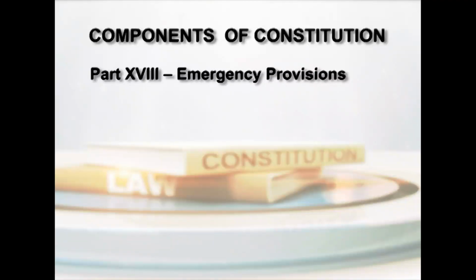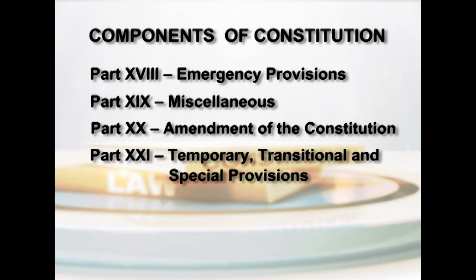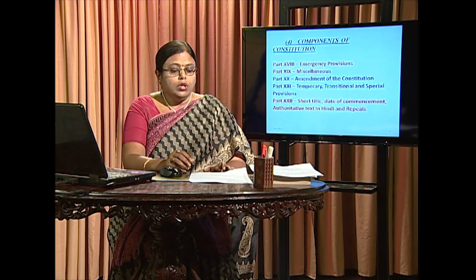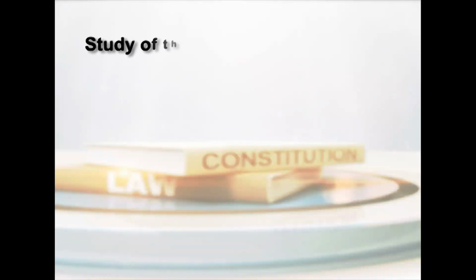intention. Part 19, Miscellaneous. Part 20, Amendment of the Constitution. Part 21, Temporary, Transitional and Special Provisions. Part 22, Short Title, Date of Commencement, Authoritative Text in Hindi and Repeals. These are the component parts of the Indian Constitution. If we go through the component parts of the Constitution, few things will be apparent.